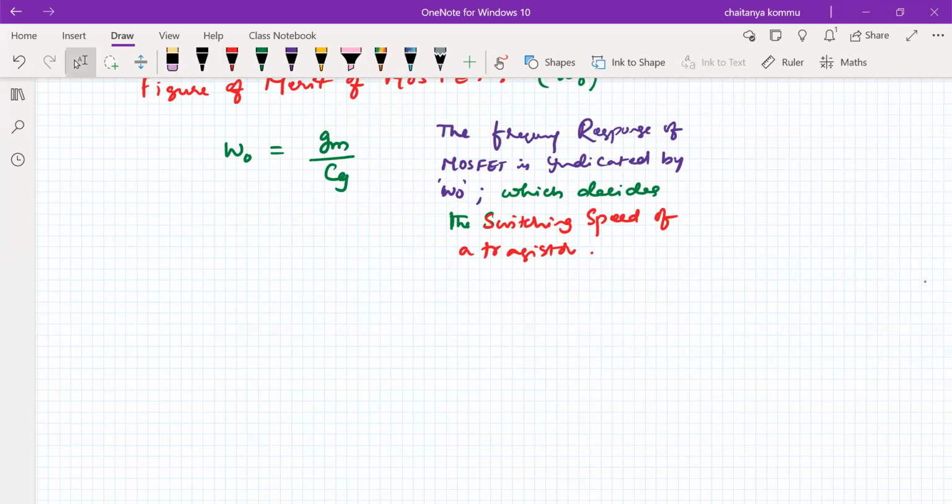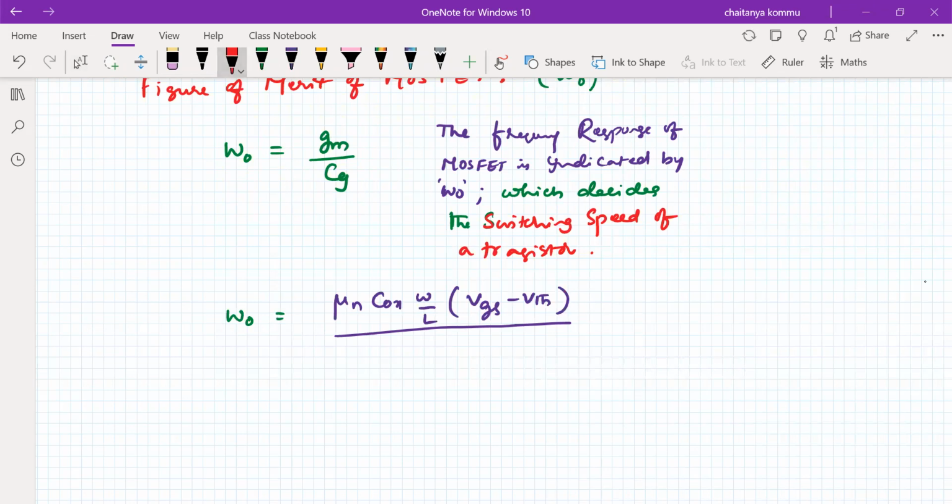Now let us identify the dependency of omega naught on these parameters. As we know, omega naught is gm divided by CG. In a formal way, I'm writing all the parameters for an NMOS transistor: mu n into Cox into W by L into VGS minus VTH, divided by CG.